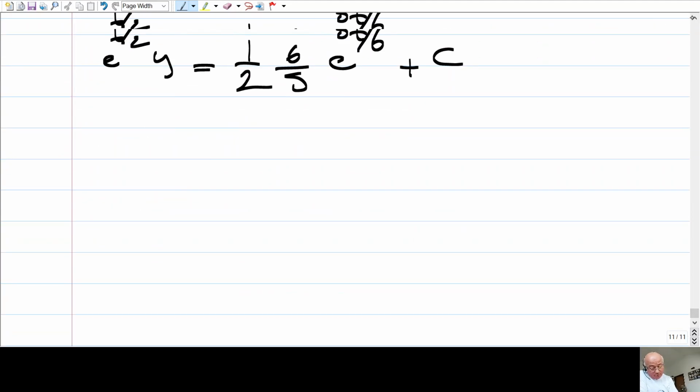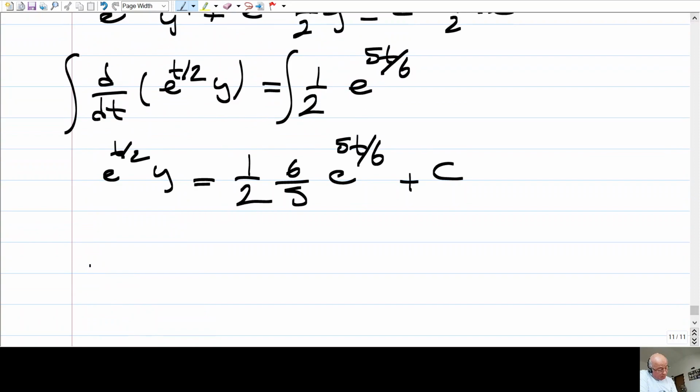And from this we get what? y(t) is equal to what? I divide both sides by the integrating factor, and we get, okay, so this is just 3/10, I guess.